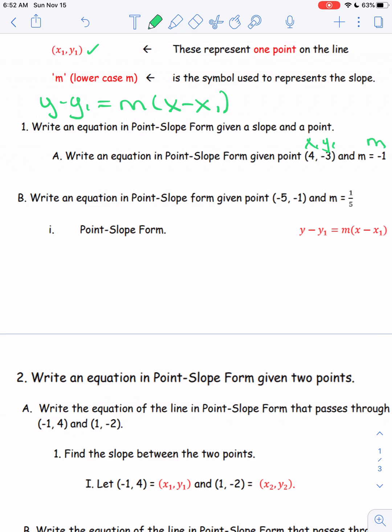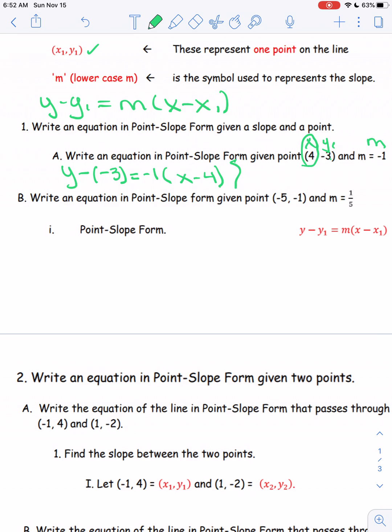So we're going to substitute it into that formula. We're going to leave y as y. In place of y sub 1, I'm going to put negative 3, equals m, which we're given as negative 1, times the quantity x minus, and our x sub 1 is right here, that's 4. Then all you need to do is clean it up.